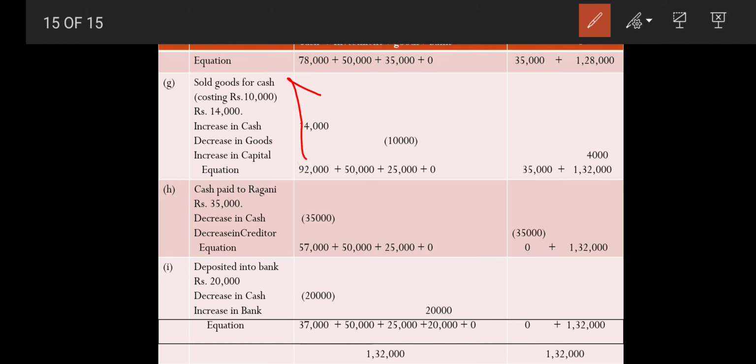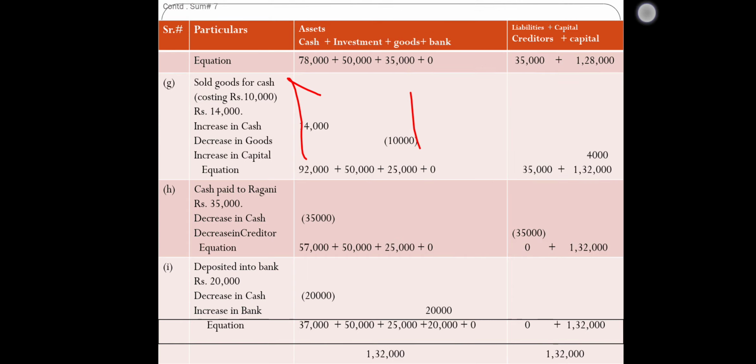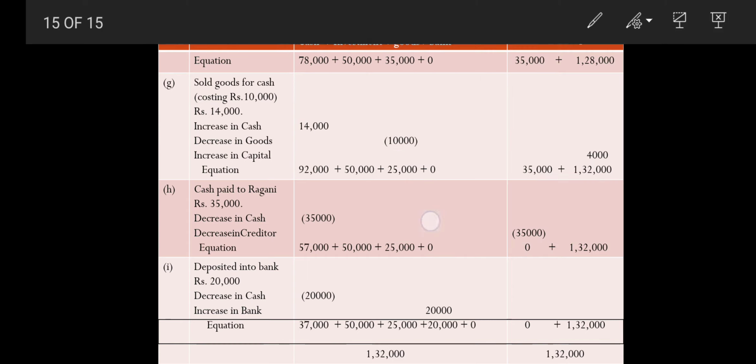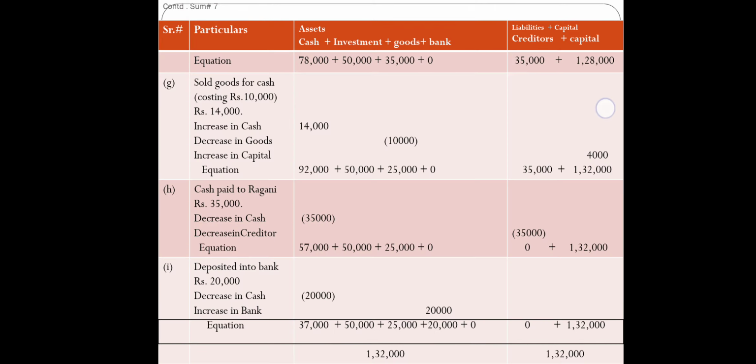You can see over here 4,000 I had increased, and in this way goods are decreased, and at the same time profit will increase. So that will give you the effect of an increase in capital. So finally I am getting 4,000 increase, 10,000 decrease in goods, and cash will increase by 14,000.